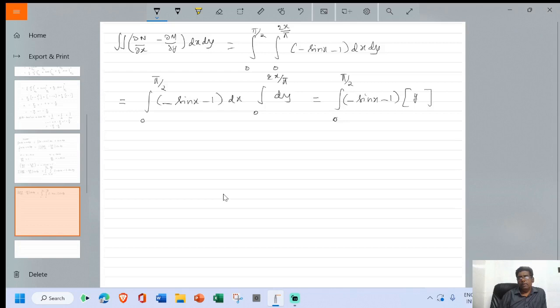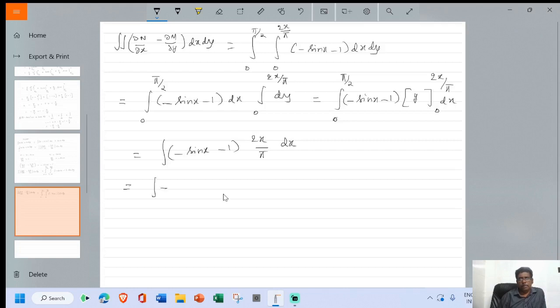Then apply the limits 0 to 2x by pi, which gives minus sin x minus 1 into 2x by pi into dx.